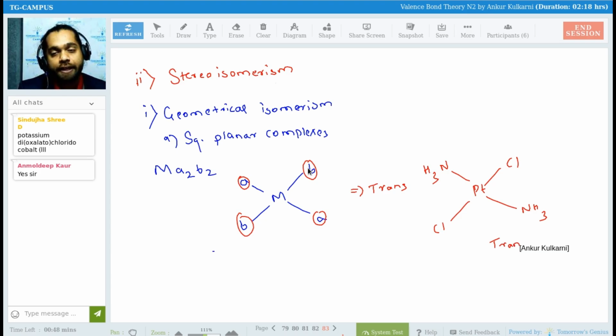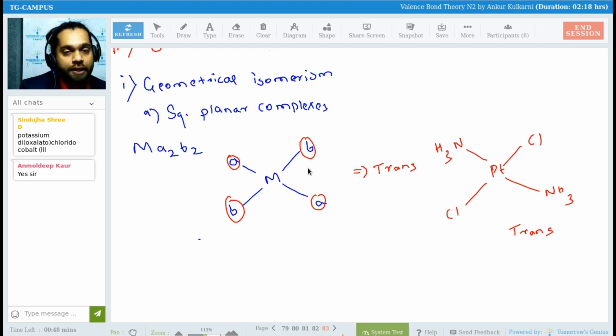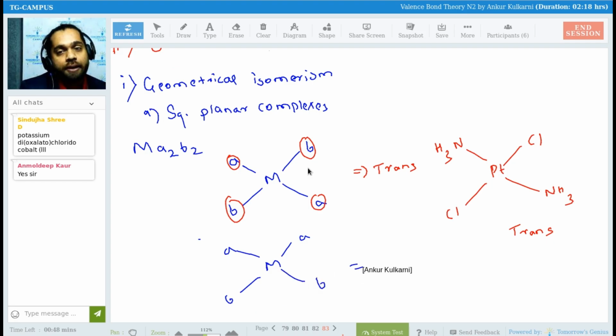Are you getting it, everyone? And then change anything, it will become cis. MAABB on the same side becomes cis. Okay, draw the cis for the example with the same ligands.